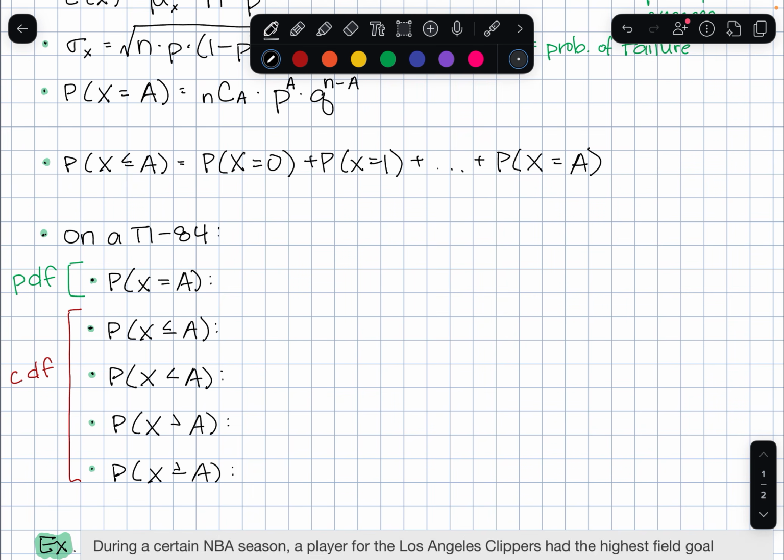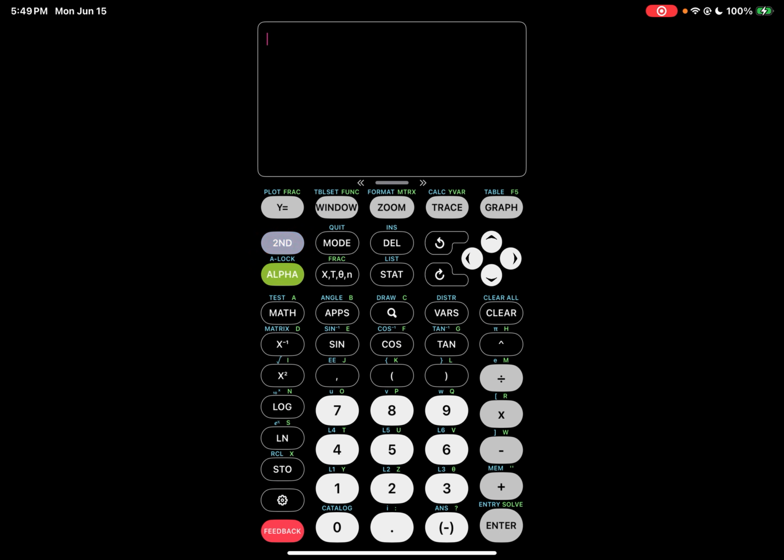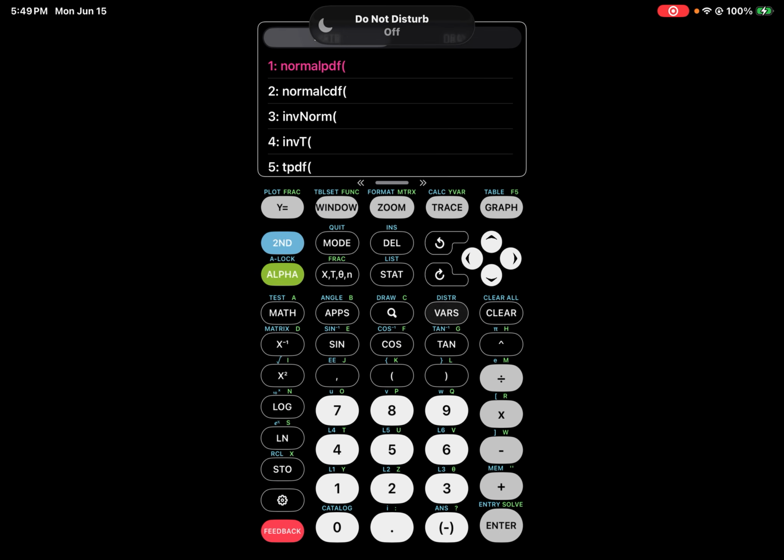So on our calculator, if I'm doing PDF, I'm going to press second and then the vars button. So let's go ahead and do that on our calculator. Second and then vars.